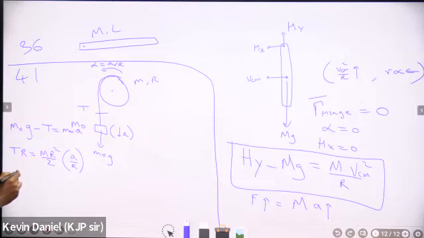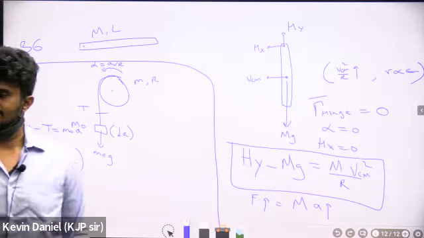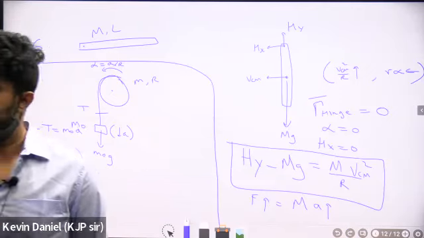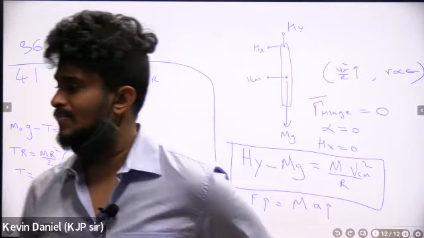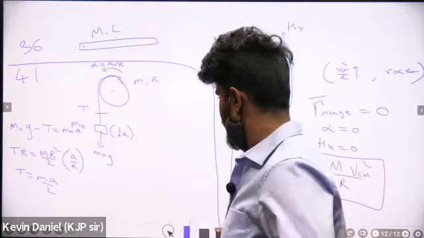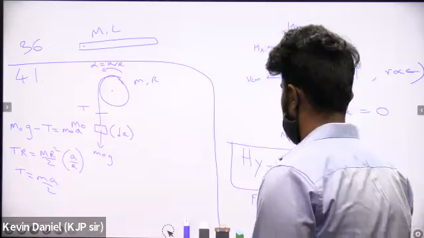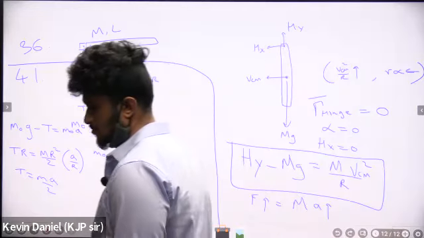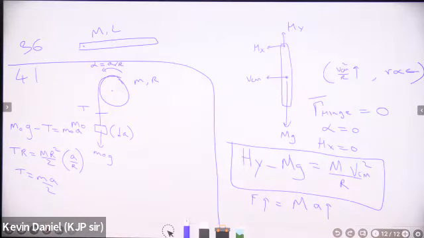So T is m a by 2. T is m a by 2. Okay, I got it.